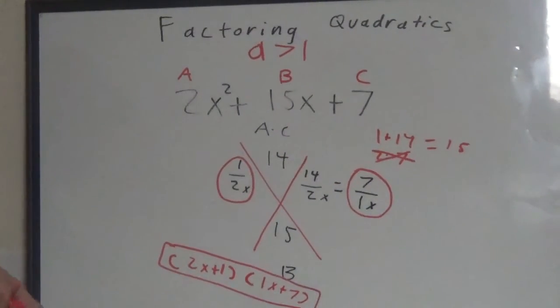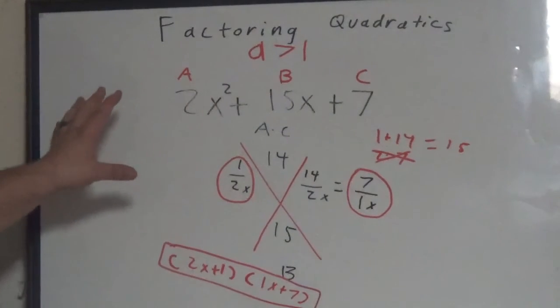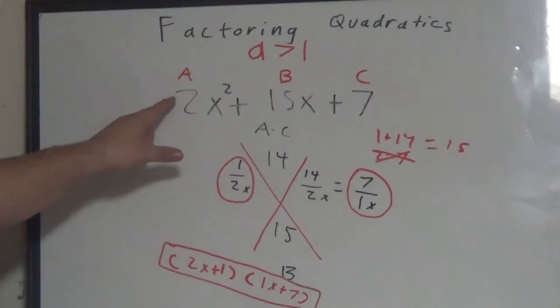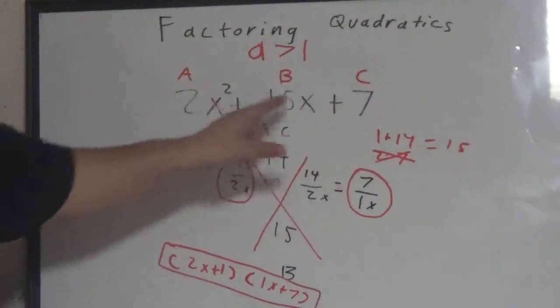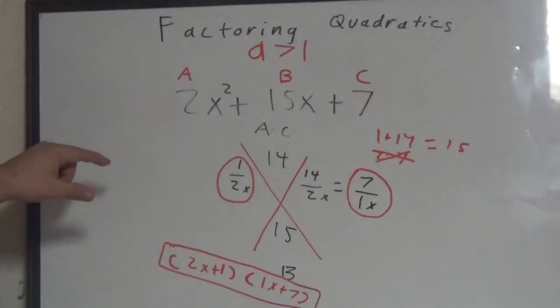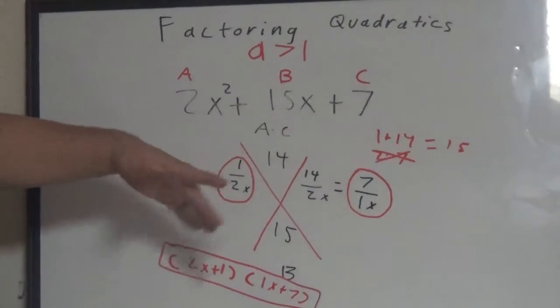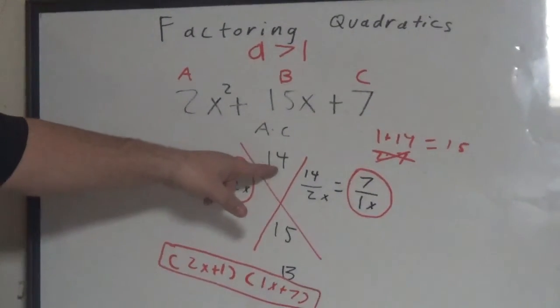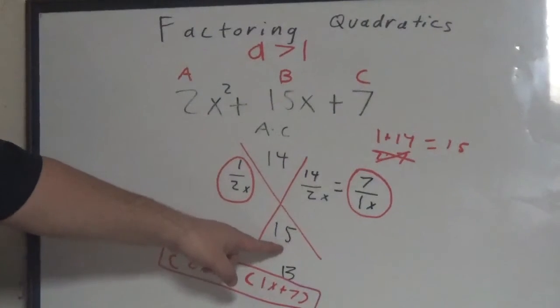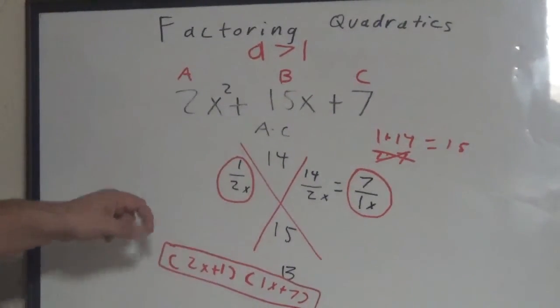So it works basically the same as when a is equal to 1, but the differences are that we're going to do a times c, which is 2 times 7, and then we do the same process, factors, and see which pair of factors adds to this number.